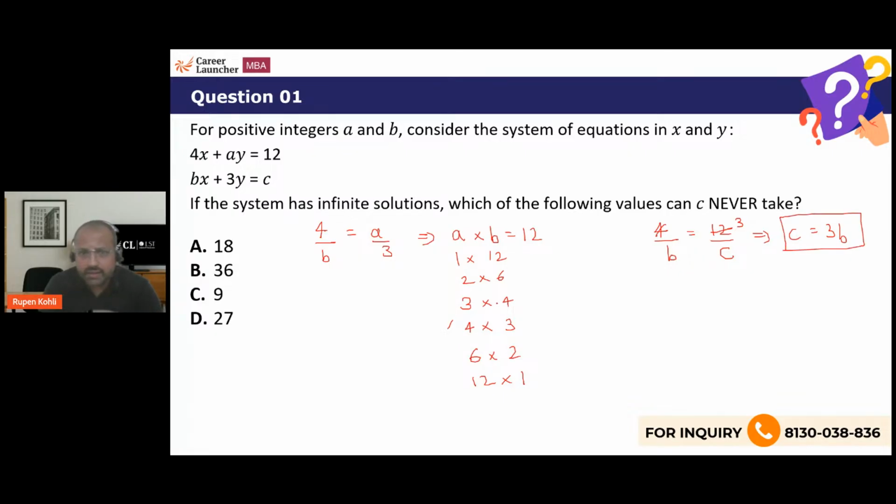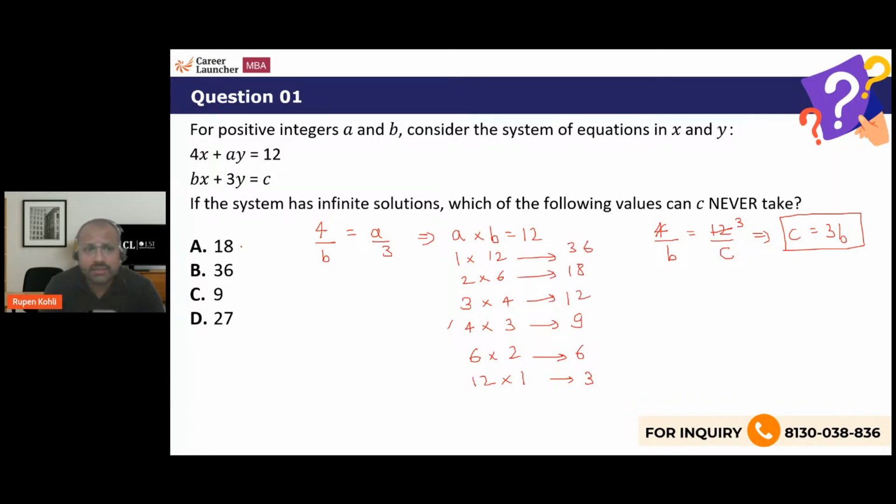So already we have written all the combinations of b over here: 1, 2, 3, 4, 6, 12. So c will take those values which are thrice of this. So therefore, correspondingly, c can take the values 1 into 3, 2 into 3, 3 into 3, 4 into 3, 6 into 3, 12 into 3.